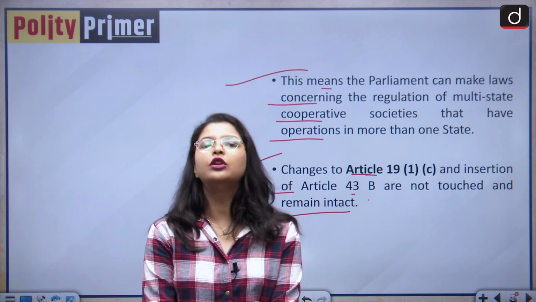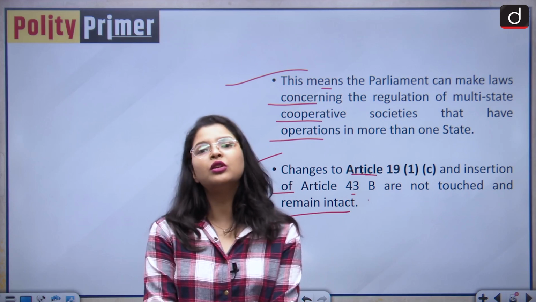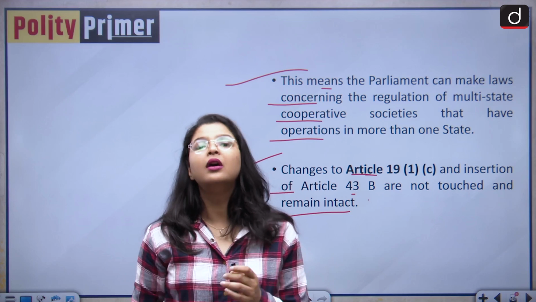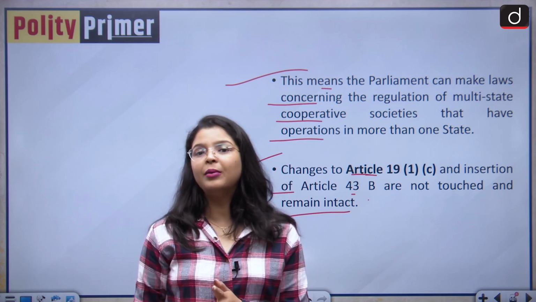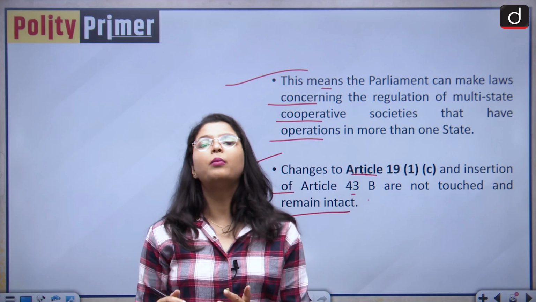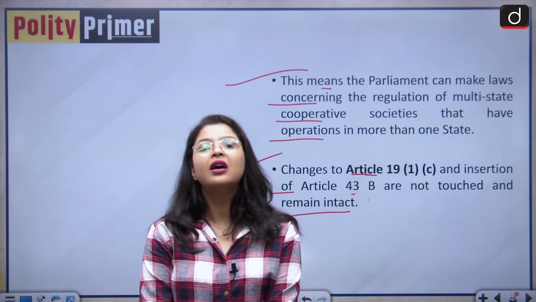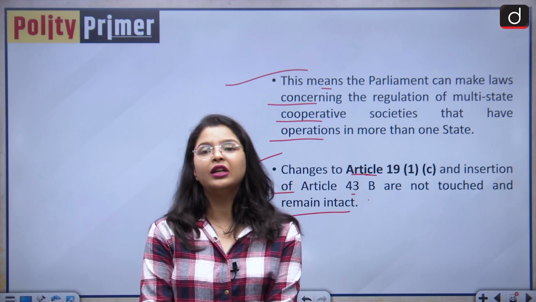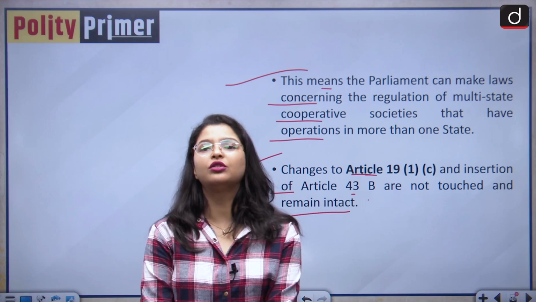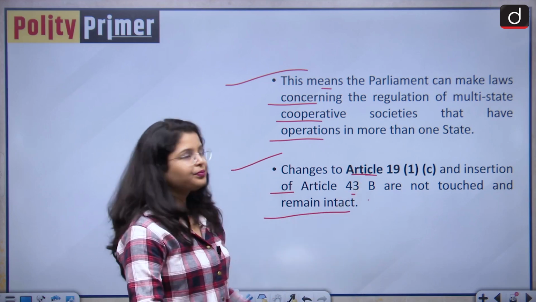The rest of that was held to be constitutional in nature. You still have a right to form a cooperative society as a fundamental right, and the state is obligated to promote the formation of cooperative societies by virtue of the directive principles of state policy provided by Article 43B.